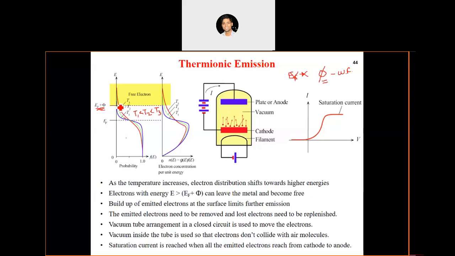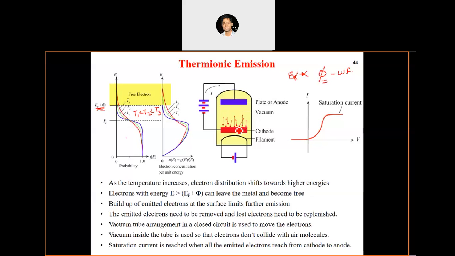Although here the difference is very small, the number of electrons which have energy greater than EF plus phi will increase as we increase the temperature, which means there will be more and more electrons which will leave the surface of the cathode material and go into this vacuum which is created. We'll see why the vacuum is required, but right now you don't need to worry about the vacuum. Just imagine that we are heating up the material. As a result, as we keep on increasing the temperature, more and more electrons will leave the surface of the material.